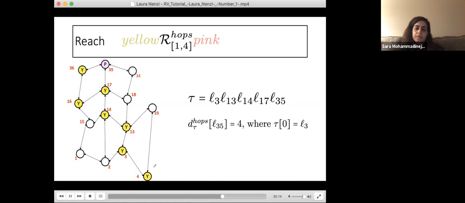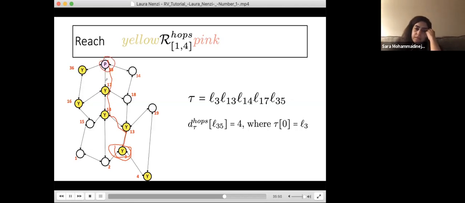So let's see, for example, here we can see that the location, for example, L3 satisfies the property yellow reach between 1 and 4 pink, because we can find a route, for example, L3, L13, L14, L17, L35, where the location L35 satisfies the pink property.